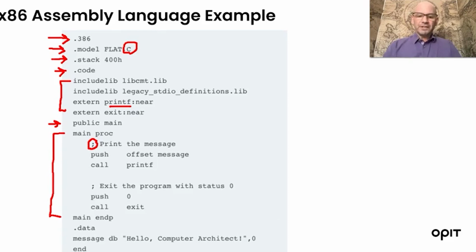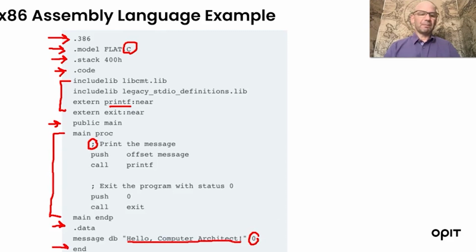And then the data directive indicates the start of data memory. So the message DB statement defines the message, which is the next line of code. Defines the message string as a sequence of bytes followed by a 0 byte. So here's our sequence of bytes. So hello computer architect or hello world. And it's followed by a 0 byte. And then the end directive indicates that we're at the end of the program.